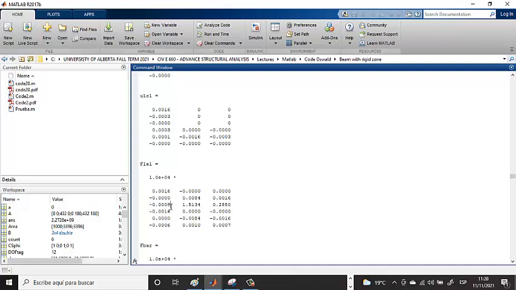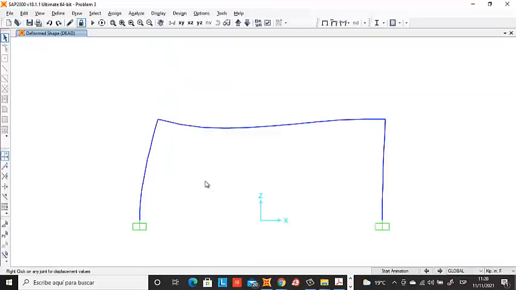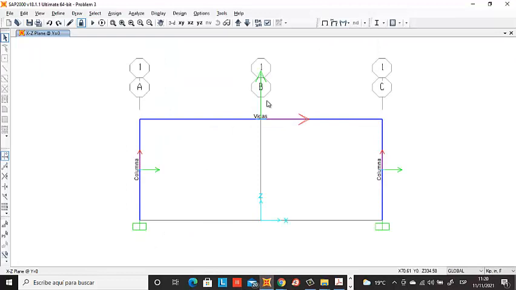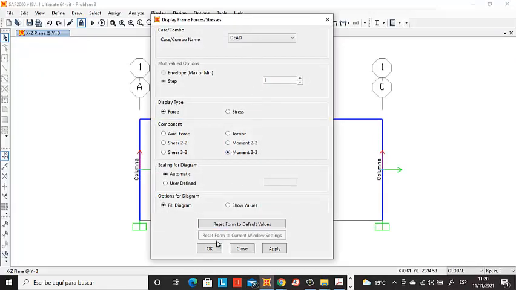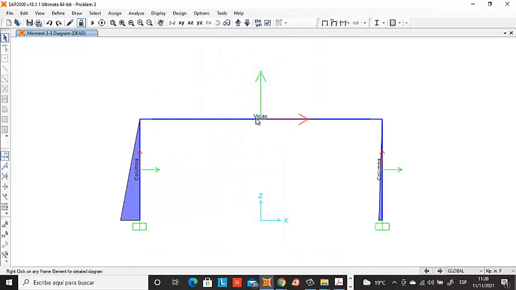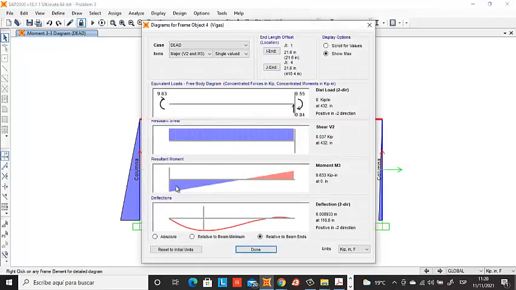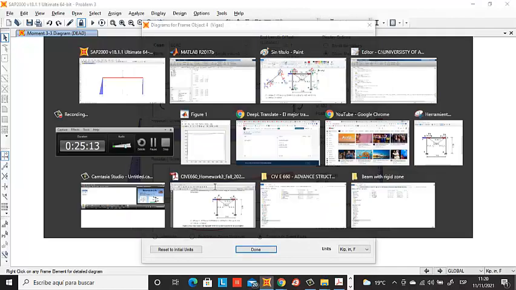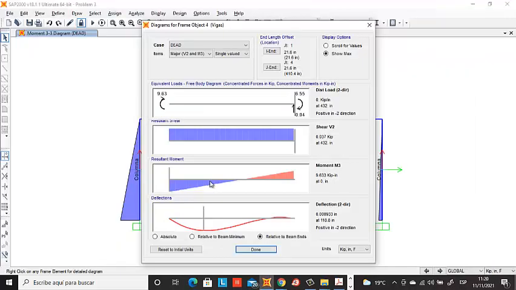It's minus 0.0009 and minus 0.006 at the end of the beam. So the moments here are 9.6 kip-inch at the initial end and 0.06, almost, at the end of the beam.